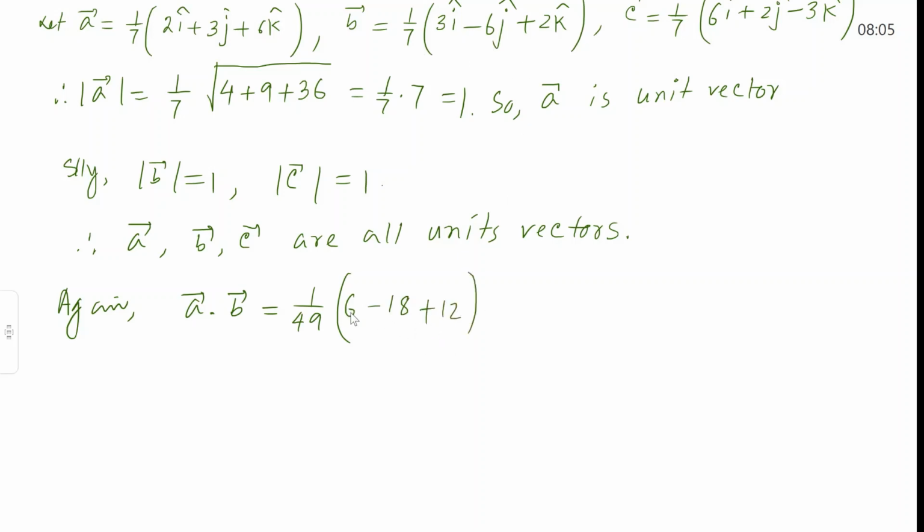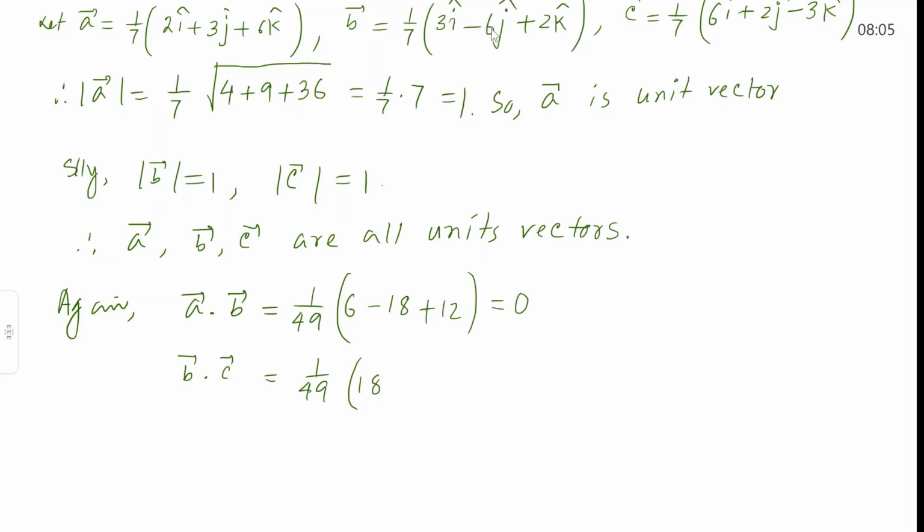So 12 plus 6 is 18, minus 18 is 0. Finally we get A dot B equal to 0. In a similar way you can show that B bar dot C bar is again 1 by 49 times, then 3 into 6 is 18.